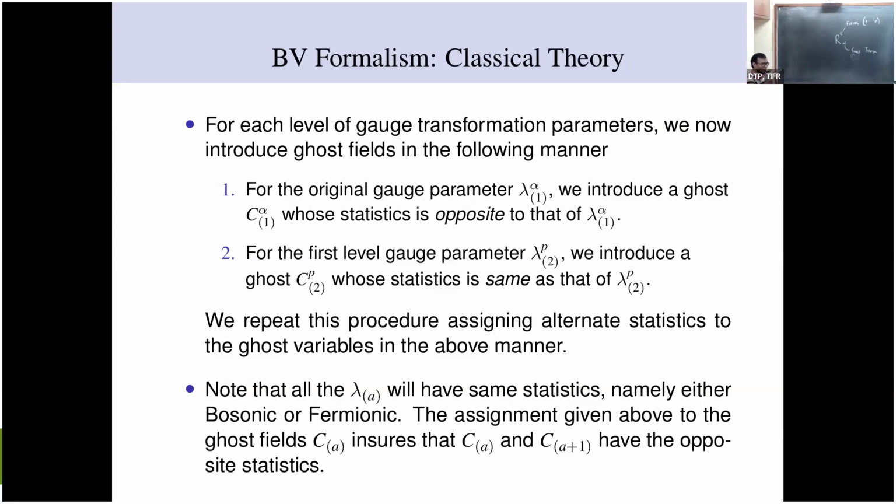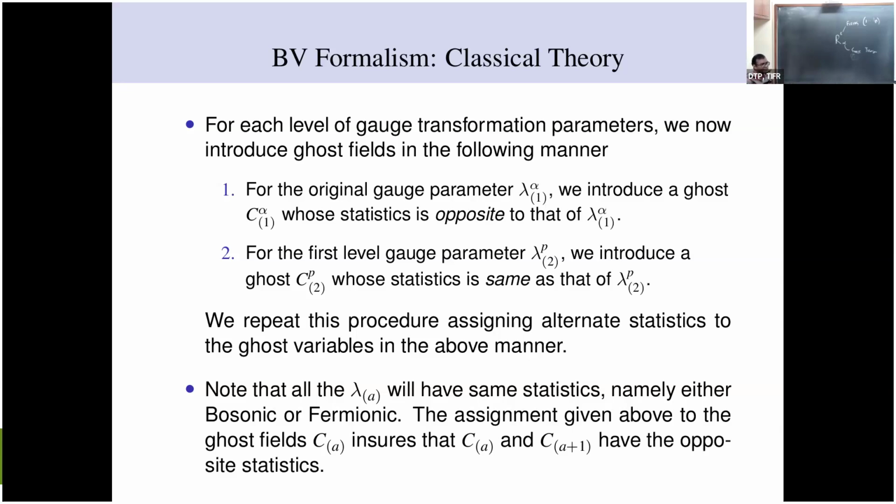Suppose we have a P-form field. Then lambda_{P-1} was the 0th level, and lambda_{P-2} would be the first level. No, just the spacetime action for the phi field. I thought the gauge transformation of the gauge parameter was itself like the gauge field for that gauge transformation. No. That was the gauge transformation of your first, I mean 0th level gauge transformation.